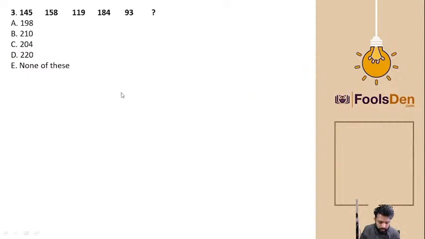Next question is again the numbers are quite close. 145, 180.